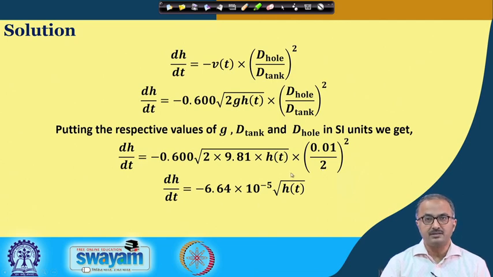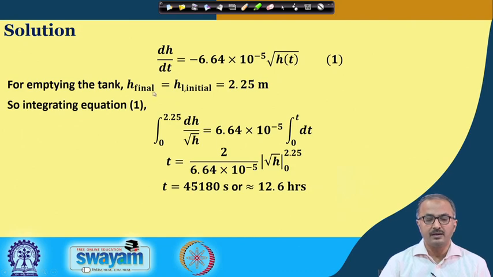After this computation, we find dH by dt equal to minus 6.64 times 10 to the minus 5 times square root of h. So, you see that the level of the water is changing as the square root of the level inside the tank.